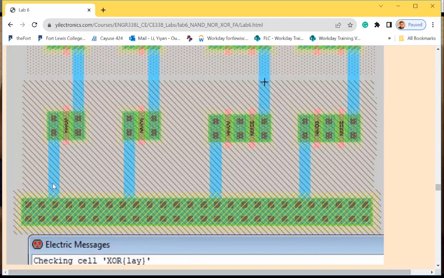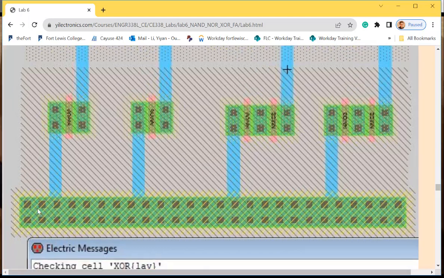Okay? And this component is a part available in the library, and this part already has metal 1 on it. So you can see when you introduce the metal 1, make the connection to it, it doesn't draw another metal 1 layer on the top because it already has a metal 1.